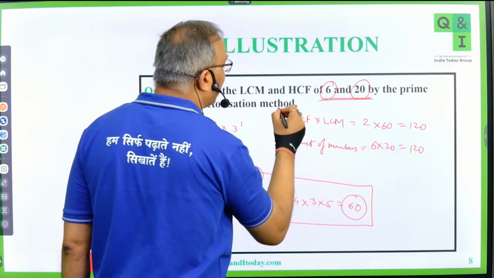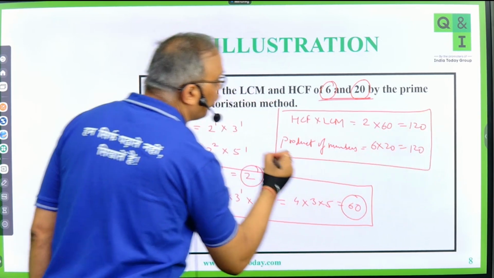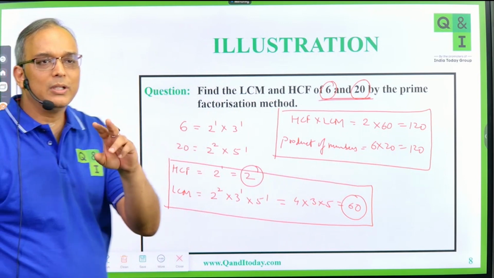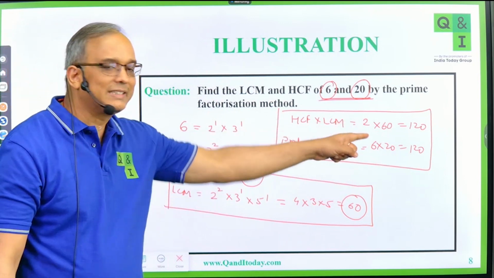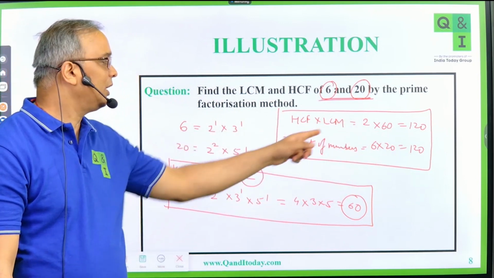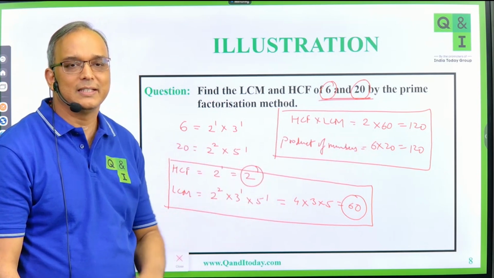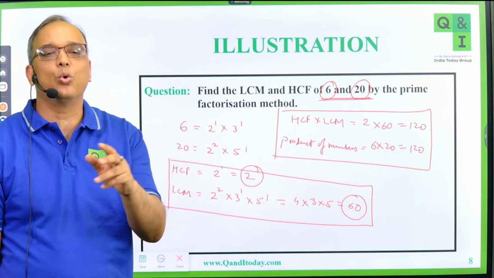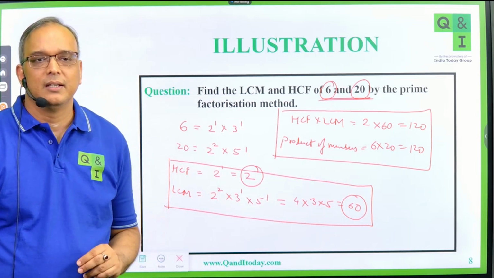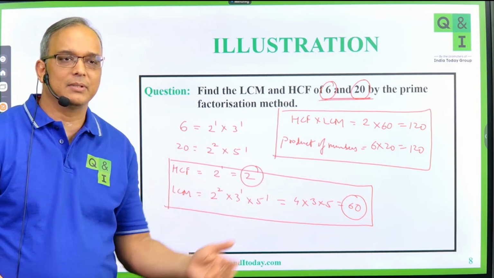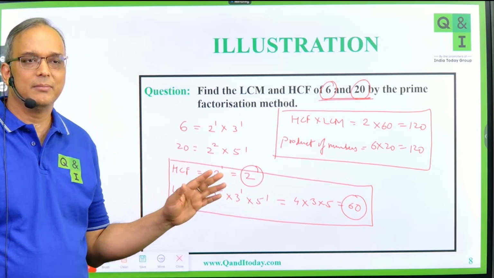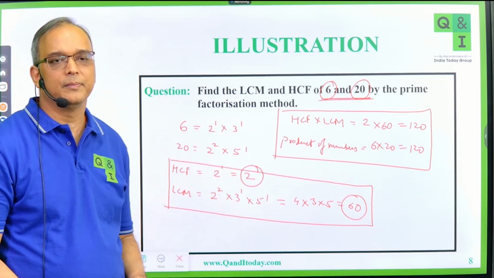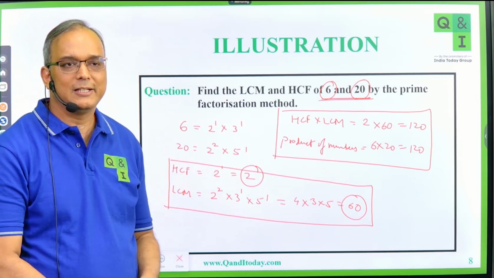This is also 120. So what do we observe? That for two numbers, the product of HCF and LCM is equal to the product of the numbers. This is another observation, right? But this fact is true only for two numbers. You cannot generalize it for three numbers. For three numbers, this may not be true. Is it clear?